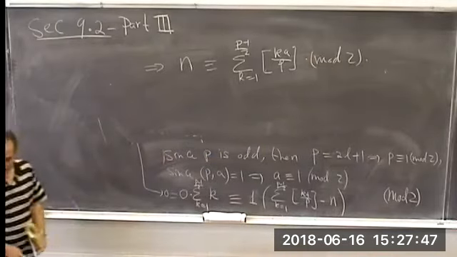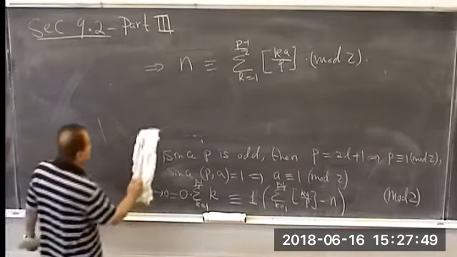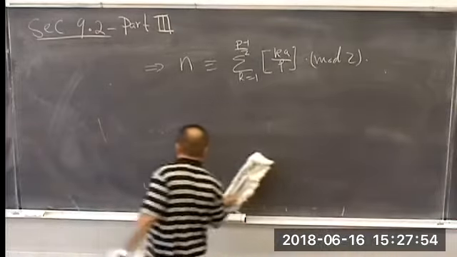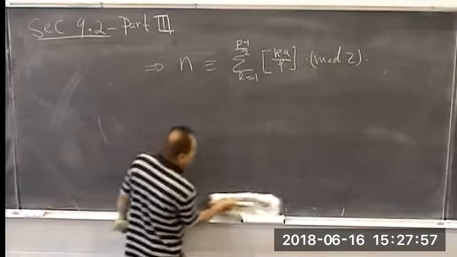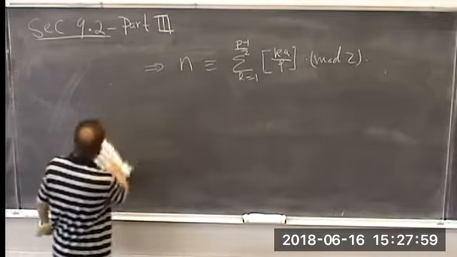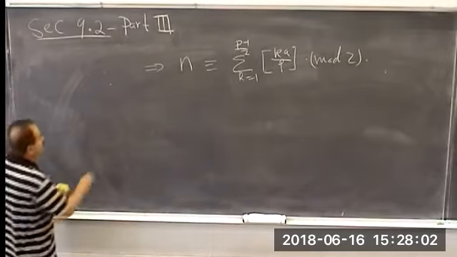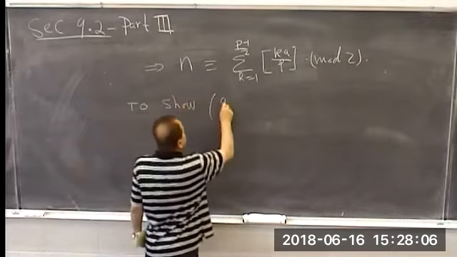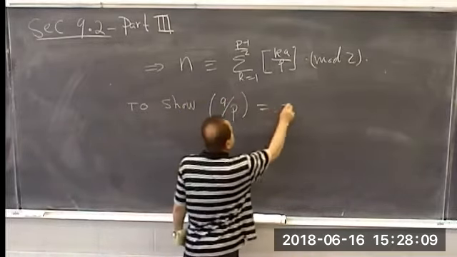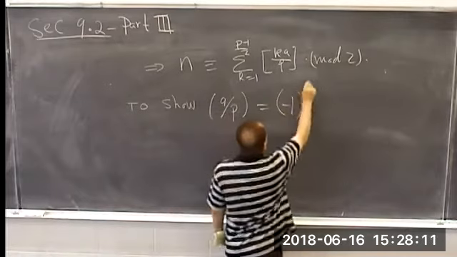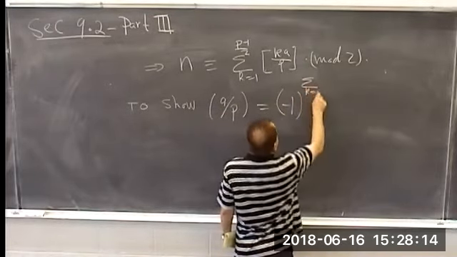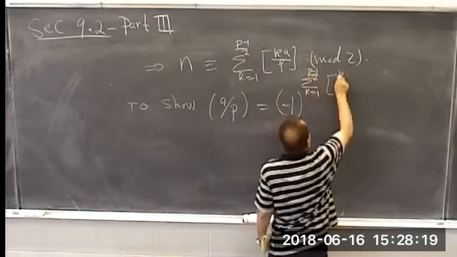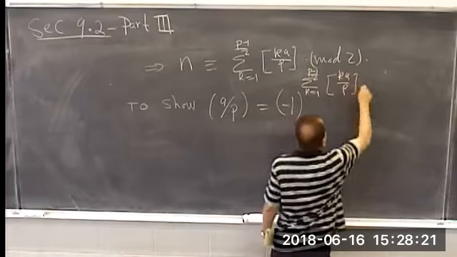Now for the second part, let's write this, again, back into an equation. So this is what we need to show: that the Legendre symbol (a over p) is equal to negative 1 to the summation k equal 1 to (p minus 1) over 2 of the floor of ka over p.